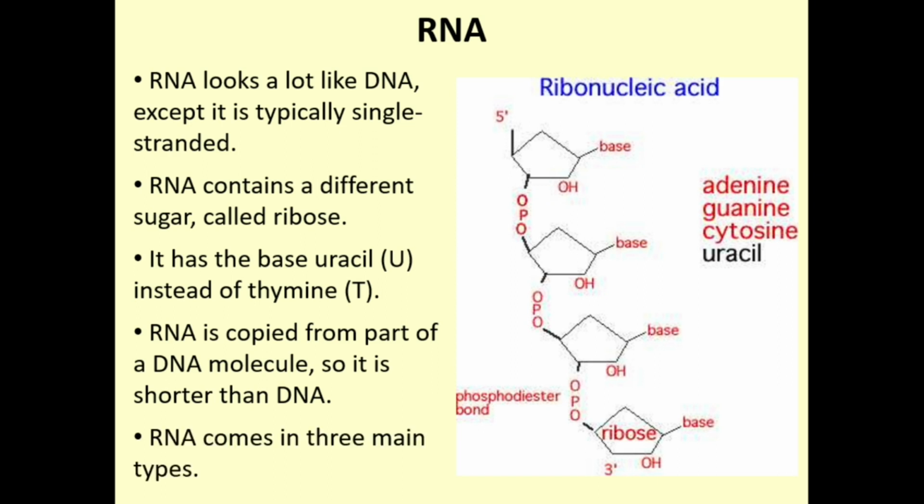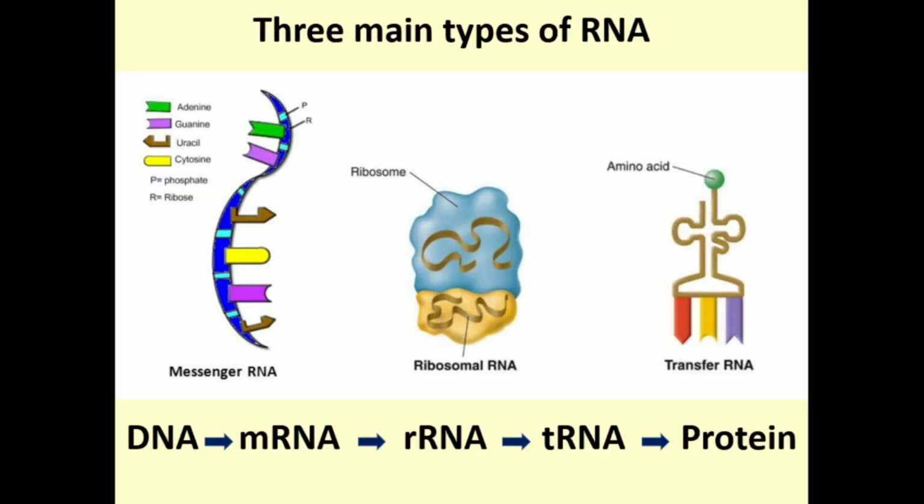And what we also find is that RNA comes in a lot of different types. So there are dozens of different types of RNA in the natural world. But when it comes to our own cells, and when we're looking at the transfer of information from DNA to the building of proteins, we see that there are 3 main types. So RNA comes in 3 main types, and we'll look at that on the next slide.